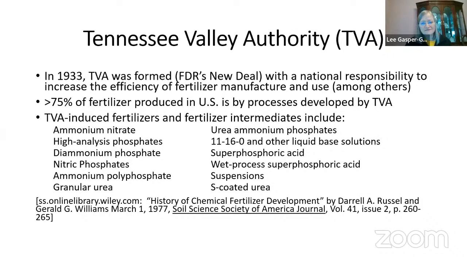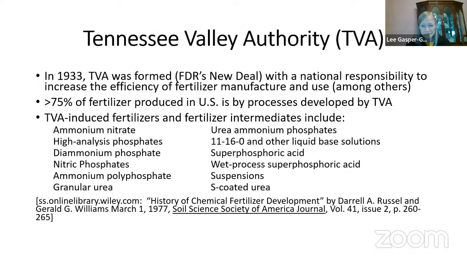Now, no talk about fertilizers would be complete without talking about the Tennessee Valley Authority. We're from the government and we're here to help, and they really did help that time. So in 1933, the TVA was formed as part of FDR's New Deal because the Tennessee Valley around the Tennessee River was really adversely affected by the Great Depression. So the government wanted to do some things to shore up that area economically, and they wanted to put in flood protection.